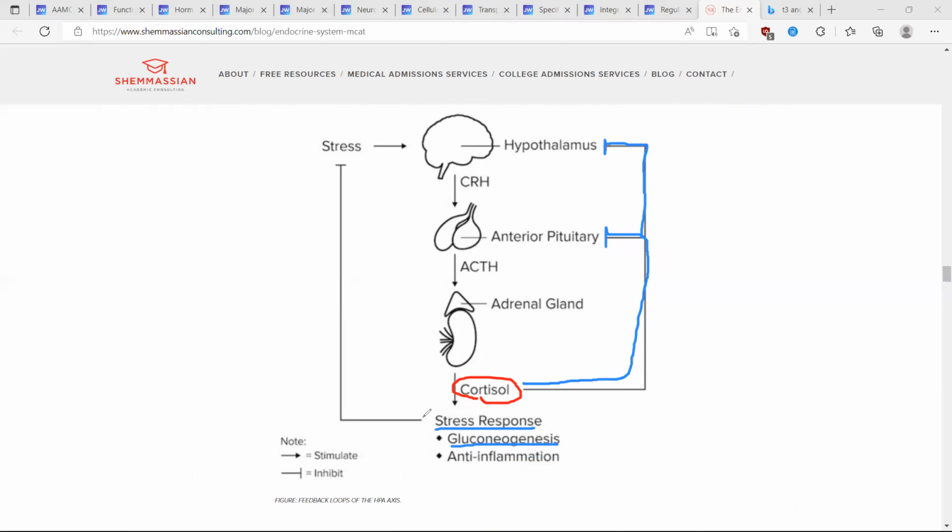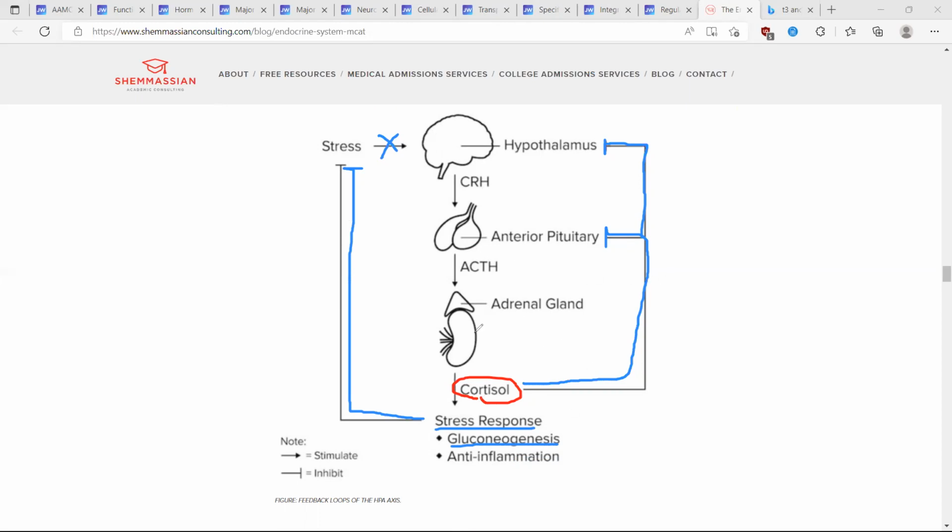Once the stress response makes us feel better, our stress decreases. Because our stress decreases, we stop producing more cortisol. So understand that this is a feedback. This is what we mean by an axis. It's a loop, bringing us back to a stable environment, or stable homeostasis.